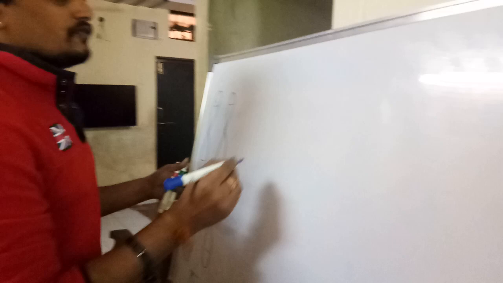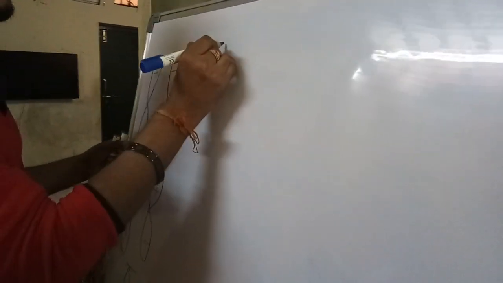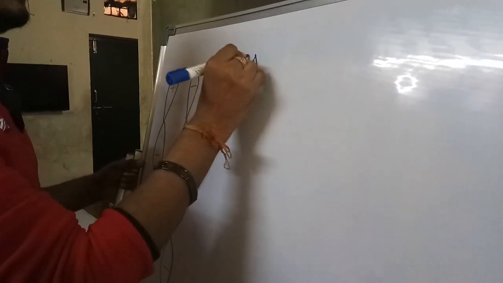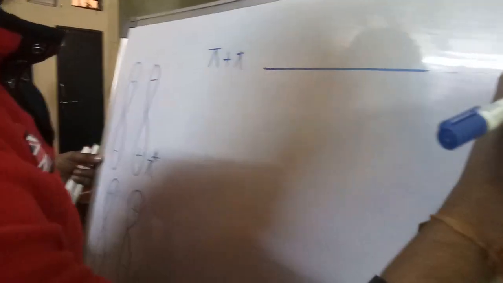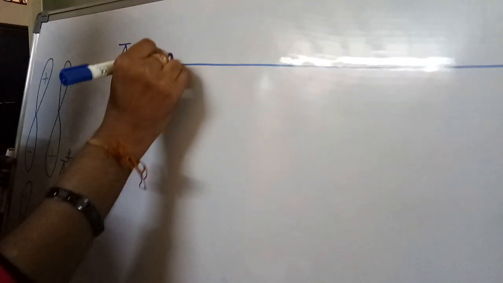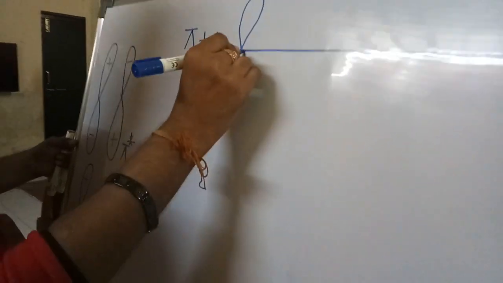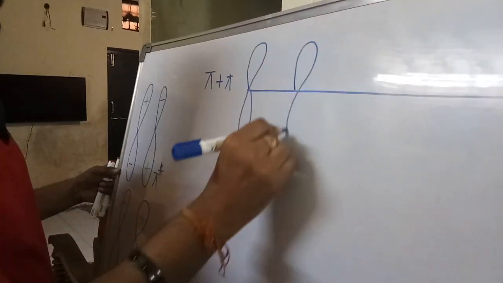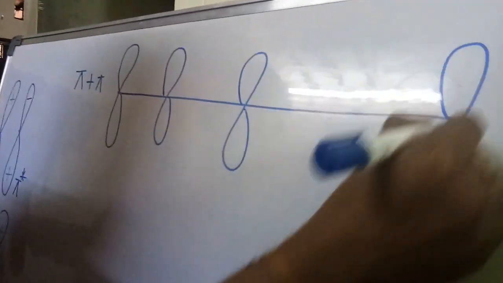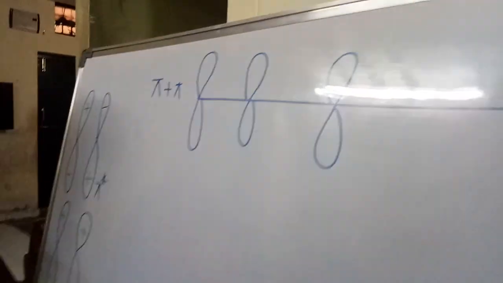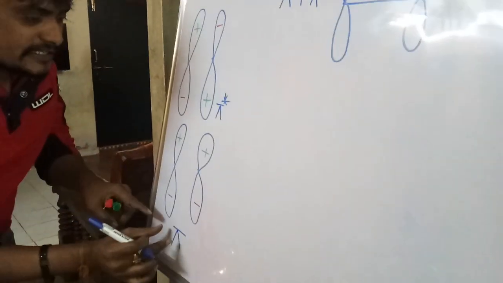Coming to the first one, pi with positive pi. Carbons 1, 2, 3, and 4. Pi means this is the pi.